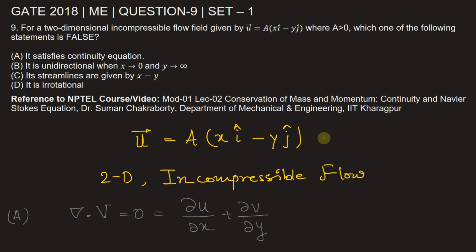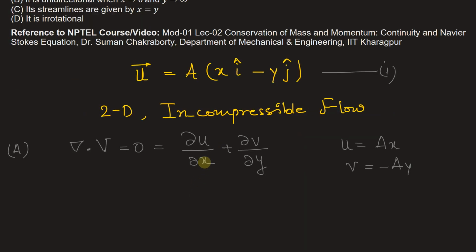Let's say this be equation number 1, and from there we can say u is ax and v is minus ay. So dou u by dou x will be a, and partial derivative of v with respect to y will be negative a. If we add these two terms, it will be 0.